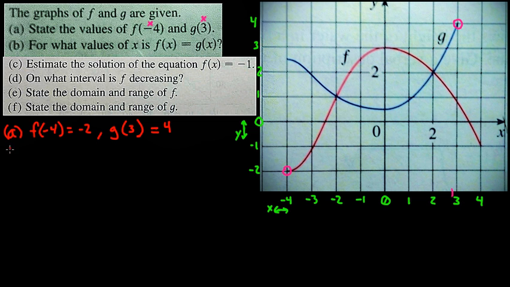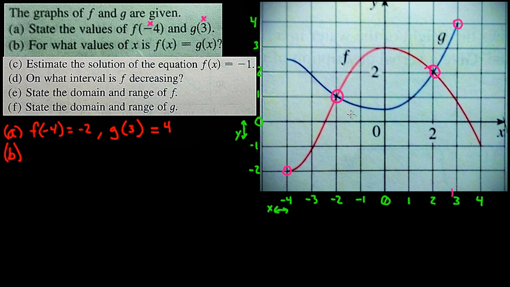Alright, now let's do B. For what values of x is f of x equal to g of x? We've got these two functions, f of x here and g of x here. And what two areas do they line up? Well, let's see. They line up here, and they line up here.